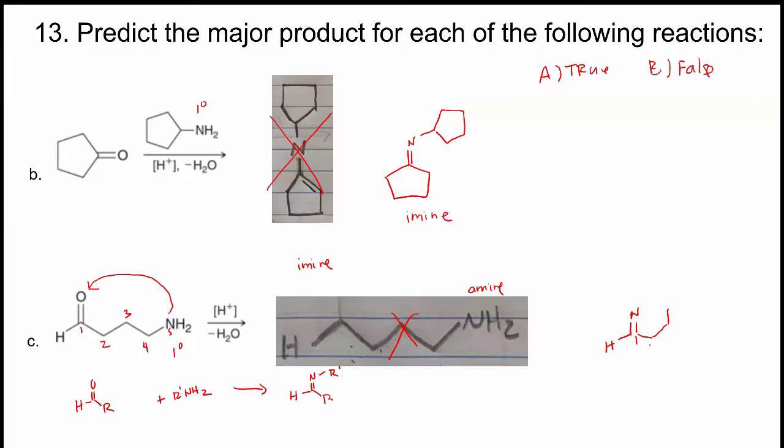So this is 1, 2, 3, 4, and then the nitrogen is 5. Okay, does anybody have questions on that one? So if your nucleophile and your electrophile are on the same molecule, you should expect a cyclic product there. Right, questions there?